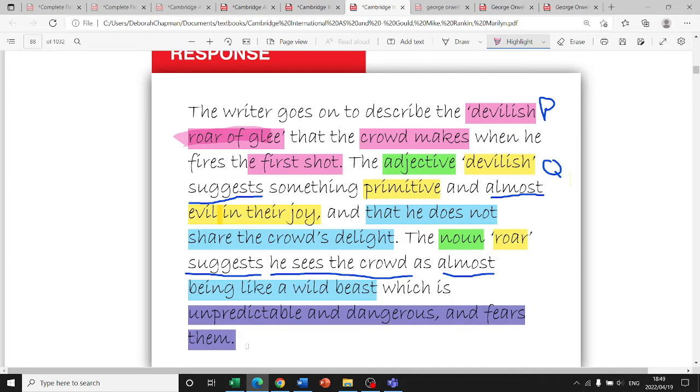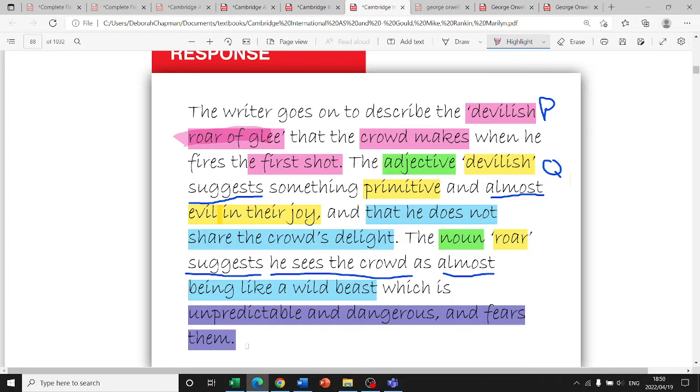Because he knew what he should do, but he knew he was going to do no such thing because of the crowd that had gathered around him. And that is the point of the interpretation at the end.